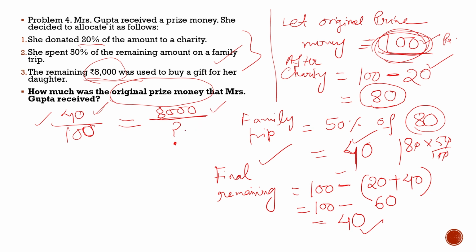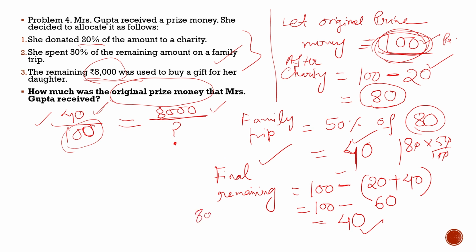So we have to find out this term, and how we did it in the previous problem. We have to find out what we have to multiply with 40 so that we will get 8,000. We have to multiply 40 with some amount so that we reach 8,000, and the same amount you have to multiply with this assumed 100, which is the assumed original prize money.